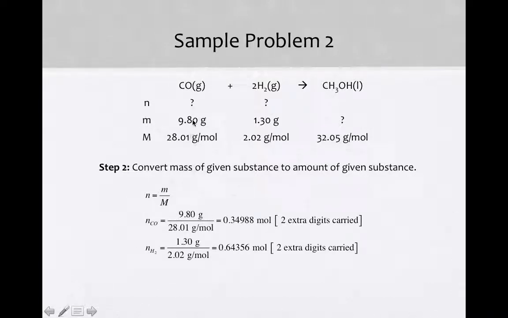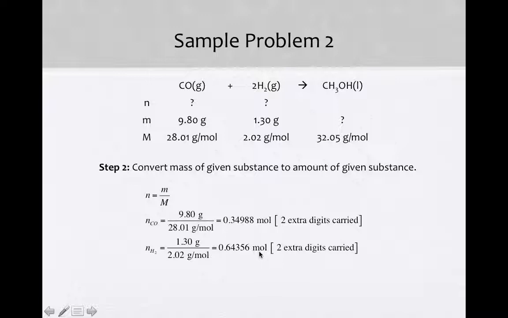So here we have carbon monoxide. So we're going to divide 9.80 grams by 28.01 grams per mole, and we get 0.34988 moles. For n of H2, we took 1.30 grams divided by 2.02 grams per mole, and we get 0.64356 moles.